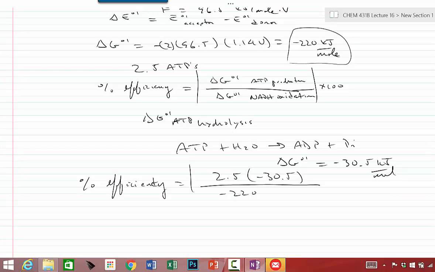We'll take the absolute value of this. It's going to be positive anyway. And so we've got to multiply this by 100. So if we go ahead and do that, what is that? 2.5 times 30.5 is about 76, divided by 220. Maybe about 35%. Do you guys have a calculator?